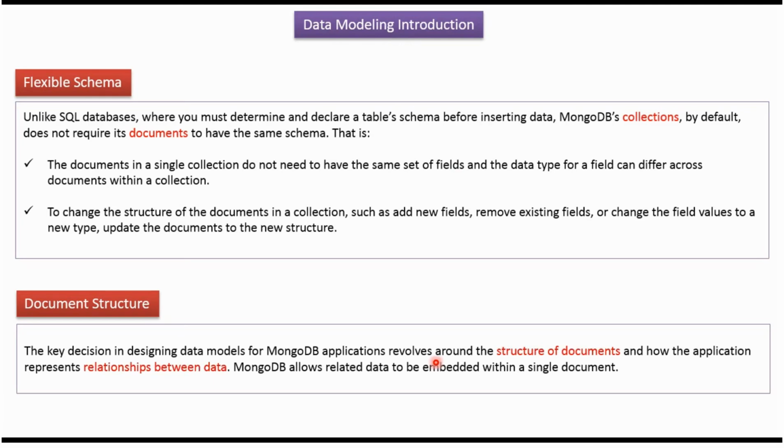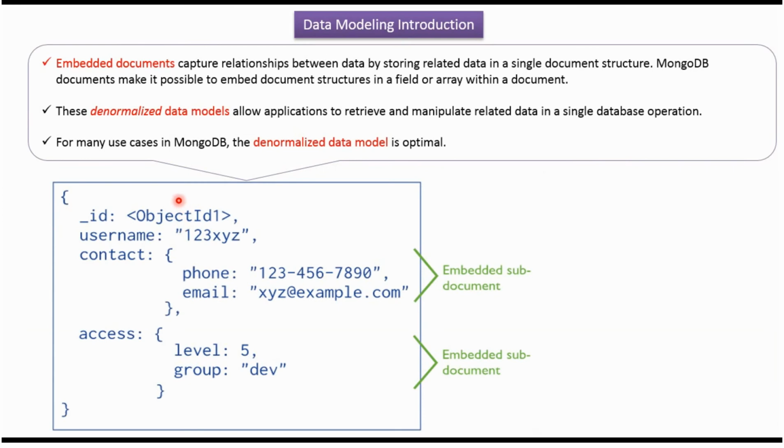The key decision in designing data models for a MongoDB application revolves around the structure of the documents and how the application represents relationships between the data. MongoDB allows related data to be embedded within a single document. Here you can see an example of an embedded document.